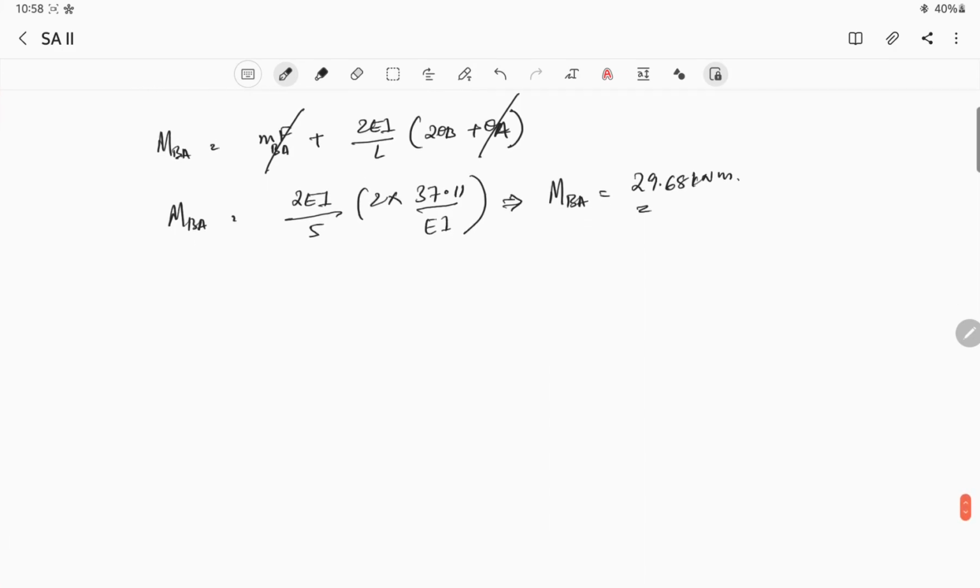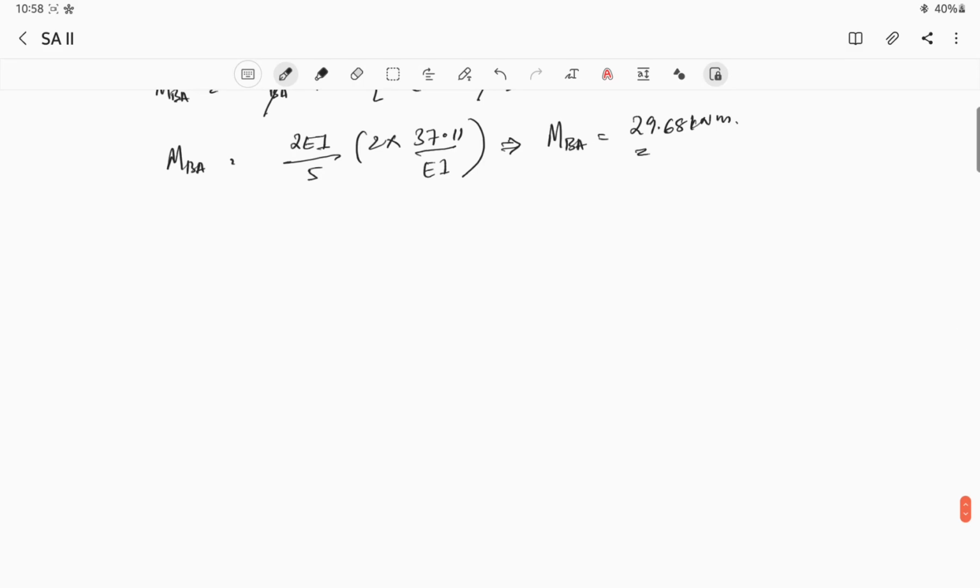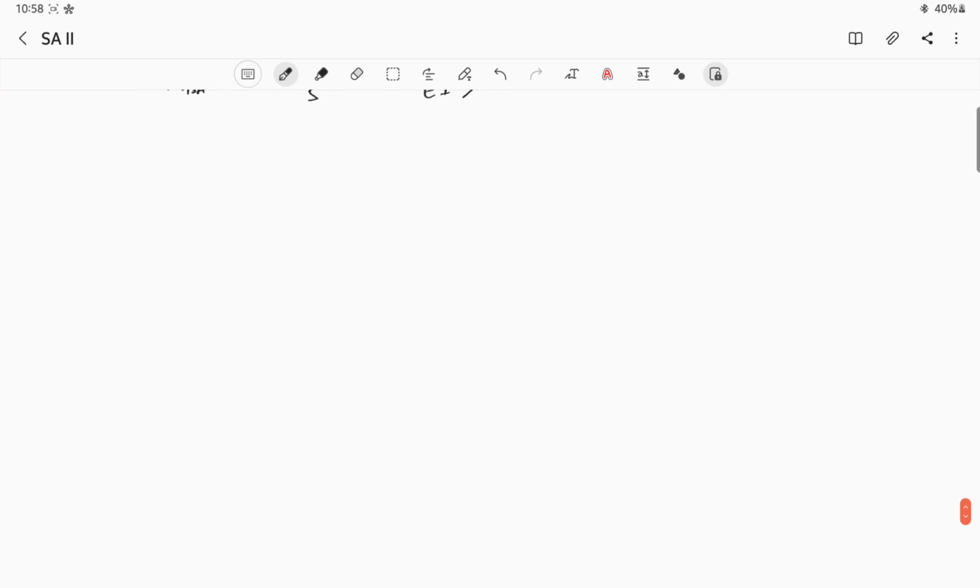We have calculated AB and BA. Now we will calculate BC and CB. MBC is equal to MFBC plus 2EI by L into 2 theta B plus theta C. What is the value of MFBC we got? We got MFBC as minus 36 plus 2EI by L. What is L?